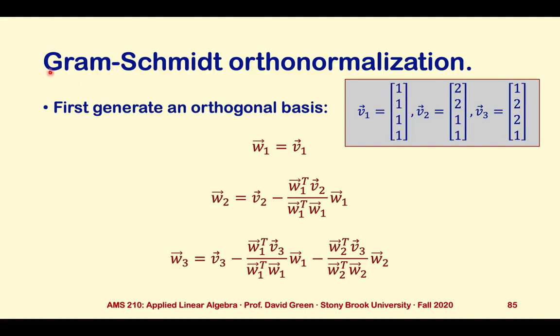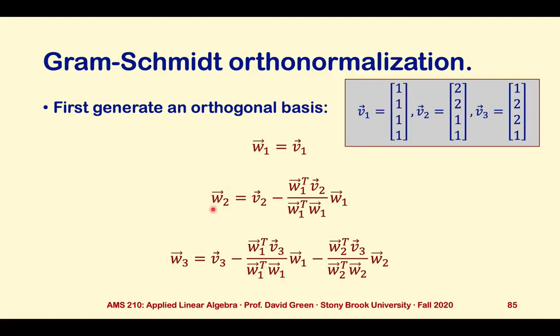We break this into two pieces. The first is to generate an orthogonal basis, and then to normalize it. We generate the orthogonal basis using a sequence of substitutions where we first of all assign our first vector to simply be the first vector from the set.